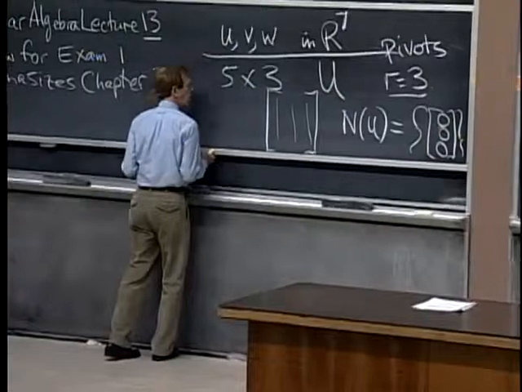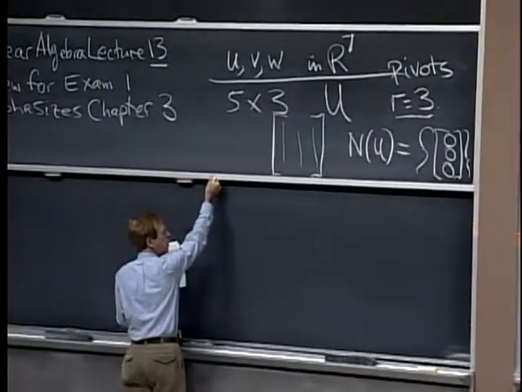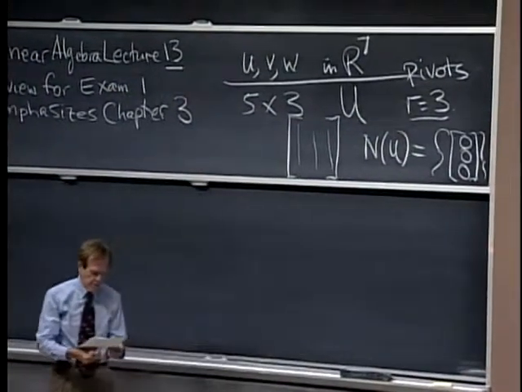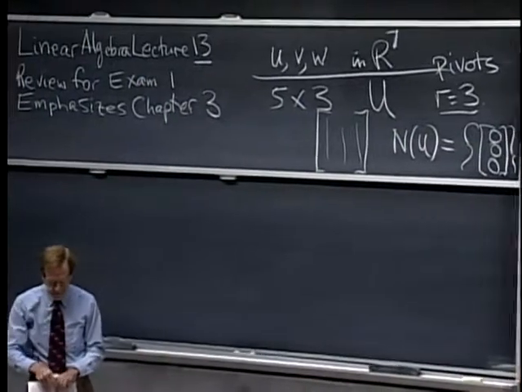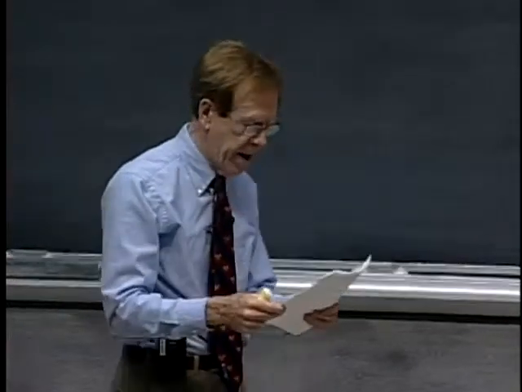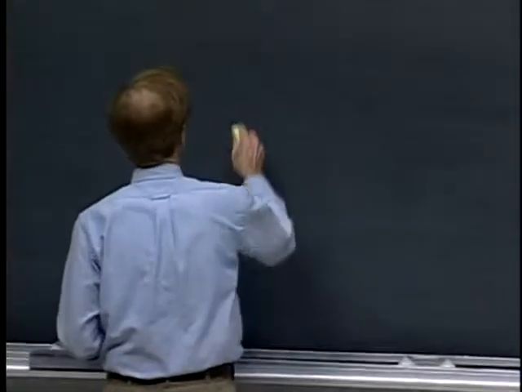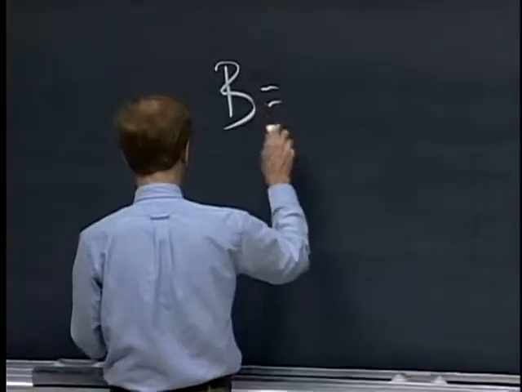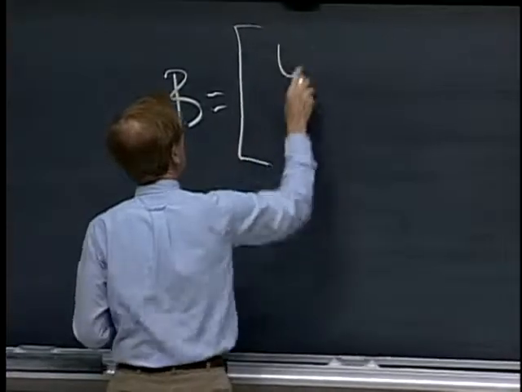All right, let me go on with this question, which has multiple parts. Now it asks you about a 10 by 3 matrix, B, which is the matrix U and 2U.